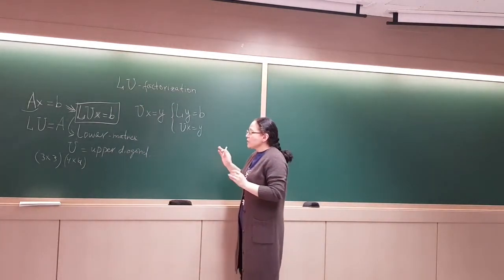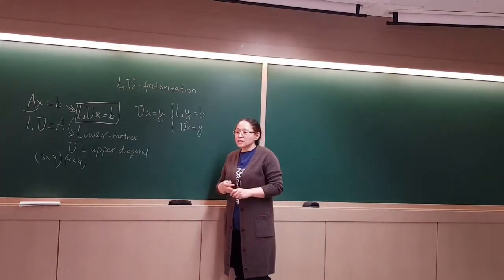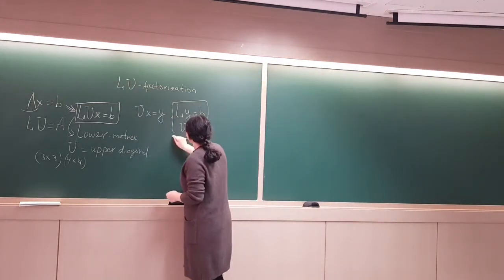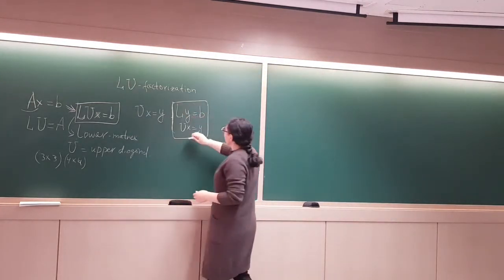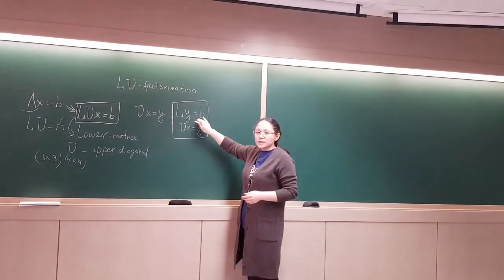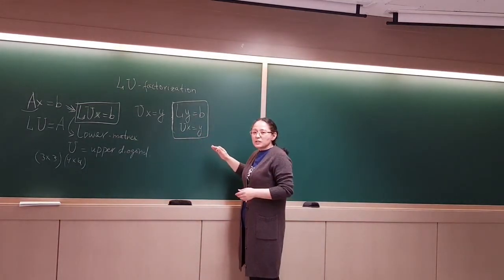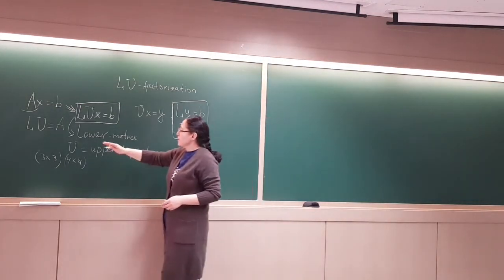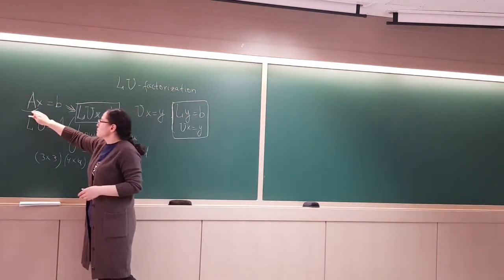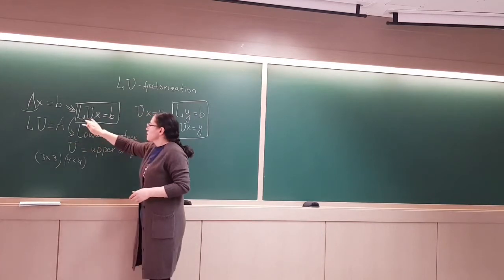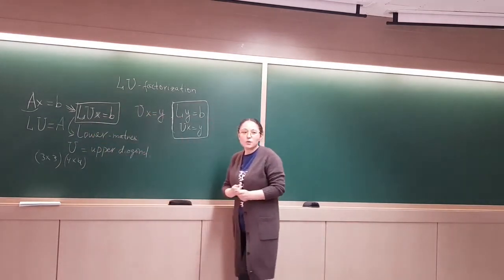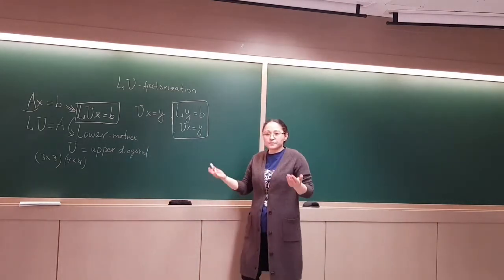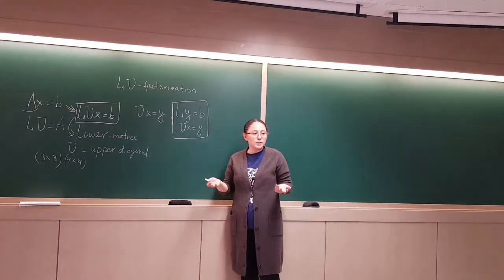And what we need to do here is, this one we know how to do, and now we need to know how to divide this matrix into the LU matrices. How can we do this? There are a lot of methods to do this.